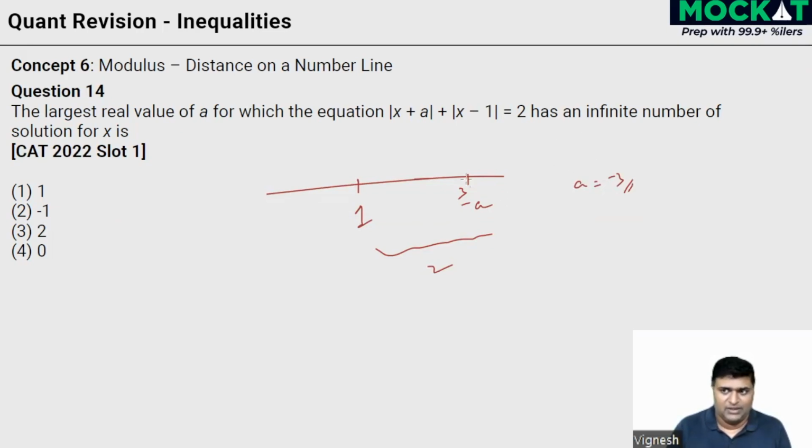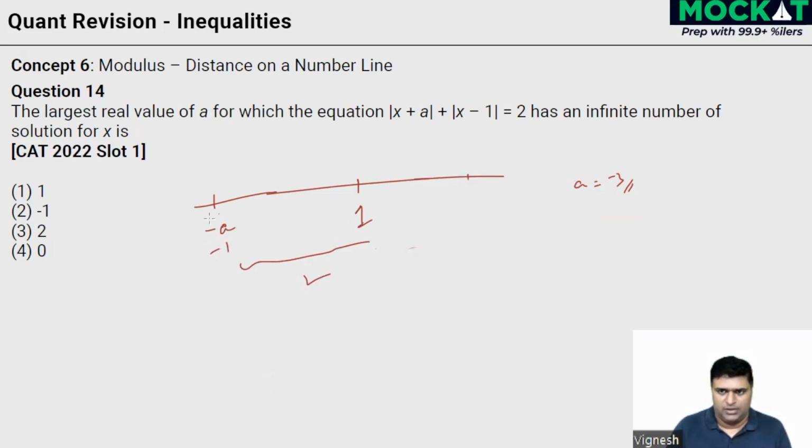So instead of the right hand side, what if I move this minus a to the left hand side? Minus a over here, such that the distance is going to be 2 again. Between 1 and minus a, the distance is 2. So 1 minus 2 gives me minus 1.